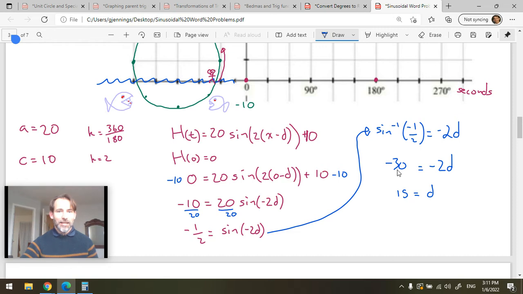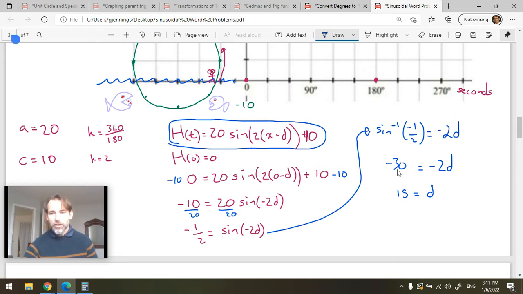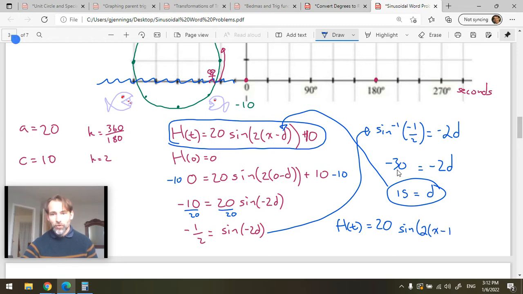That's telling me that the function I want is right here, but I just need to take 15 is equal to d and sub it in there for d. Remember, this is a sign flipper. You've got to have negative d. So I now know that h of t is equal to 20 sine of 2 times (x minus 15) plus 10.